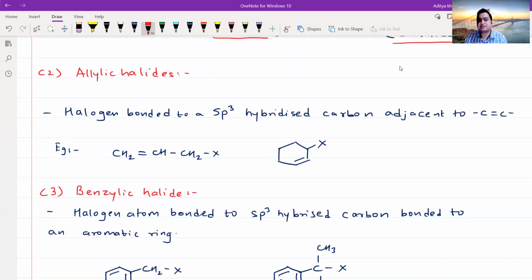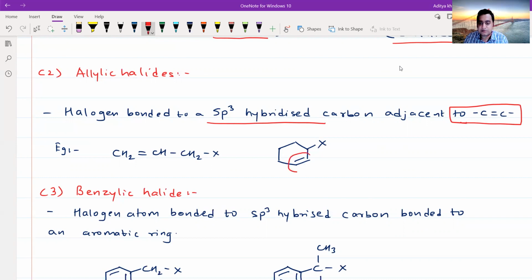Next classification is allylic halide. Here I have written again that our halogen is bonded to an sp3 hybridized carbon. But now there is a twist here. What is the twist? This sp3 carbon is actually adjacent to a C double bond C group.